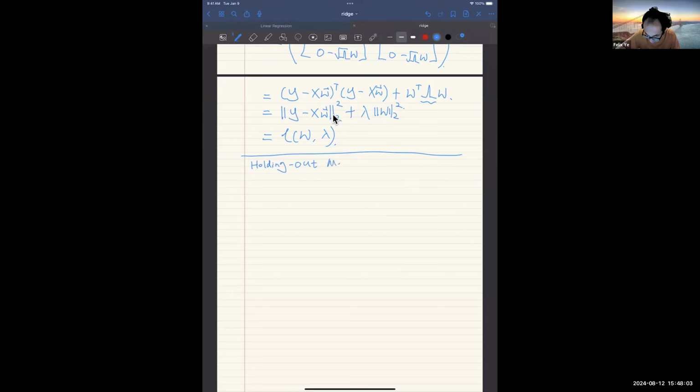So the holdout method gives unreliable estimates of parameters if the training set is small.